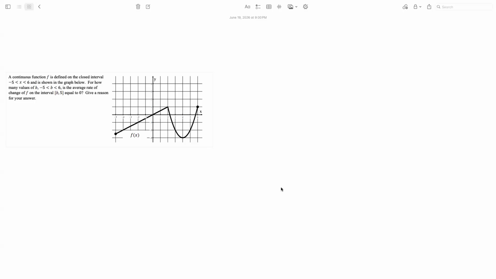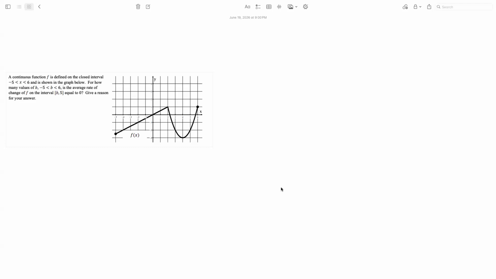Now, a continuous function f is defined on the closed interval minus 5 less than x less than 6, as shown in the graph below. For how many values of b between minus 5 and 6? They are asking for x values. For how many x values is the average rate of change of the function in the given domain equal to 0?